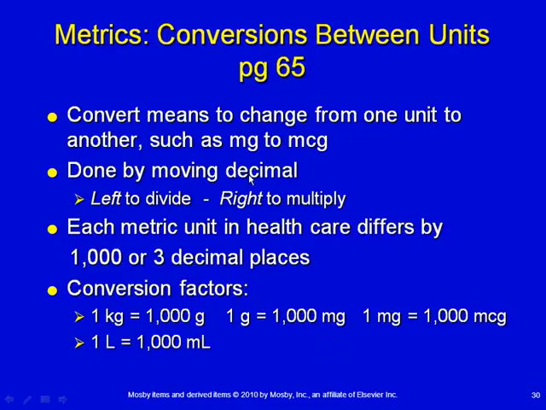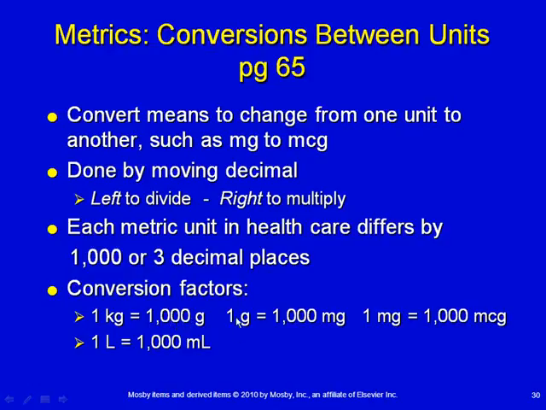This is done by moving our decimal either to the left to divide or to the right to multiply. Each metric unit in healthcare that we use differs by about 1,000 or 3 decimal places. To go from a kilogram to a gram, you can see we move this decimal place 1, 2, 3 to the right.